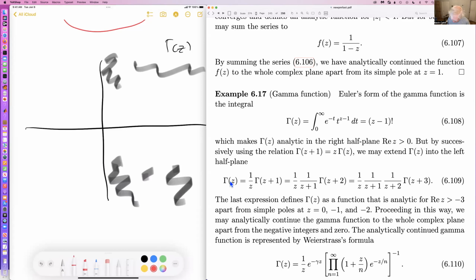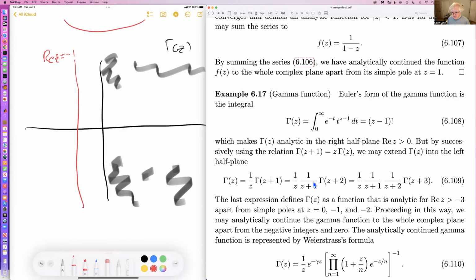We could extend its analyticity, first of all, back to real z equal to -1 by using this expression, because if z is, say, -3/4, this is gamma of 1/4, and that's well defined and it's analytic there.